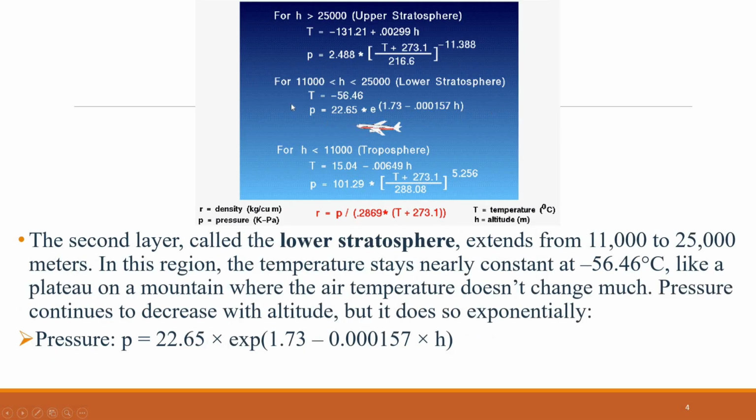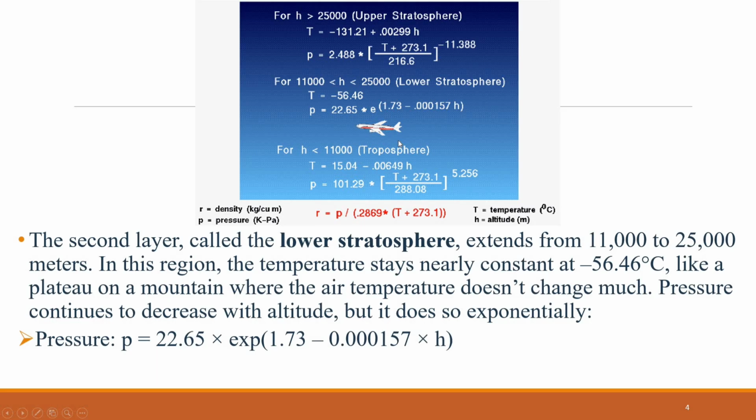The second layer, called the lower stratosphere, extends from 11,000 to 25,000 meters. In this region, the temperature stays nearly constant at negative 56.46 degrees Celsius, like a plateau on a mountain where the air temperature doesn't change much.